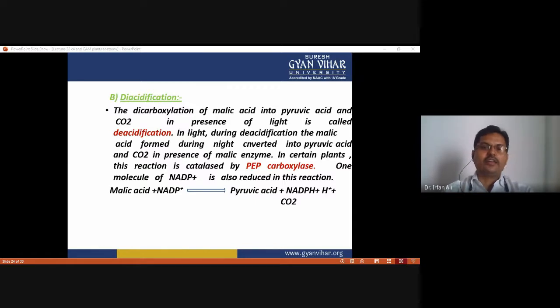In certain plants, this reaction is catalyzed by phosphoenol pyruvate carboxylase, and one molecule of NAD plus is also reduced in this reaction. This is the reaction where the carbon dioxide required for the Calvin cycle is released.